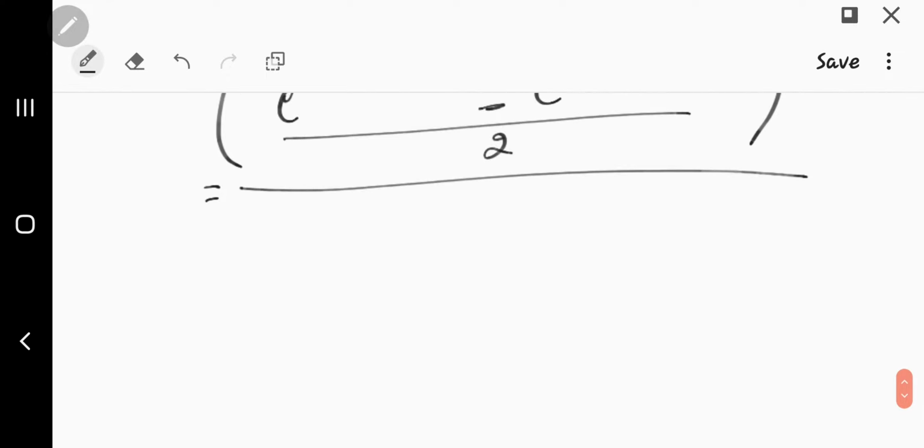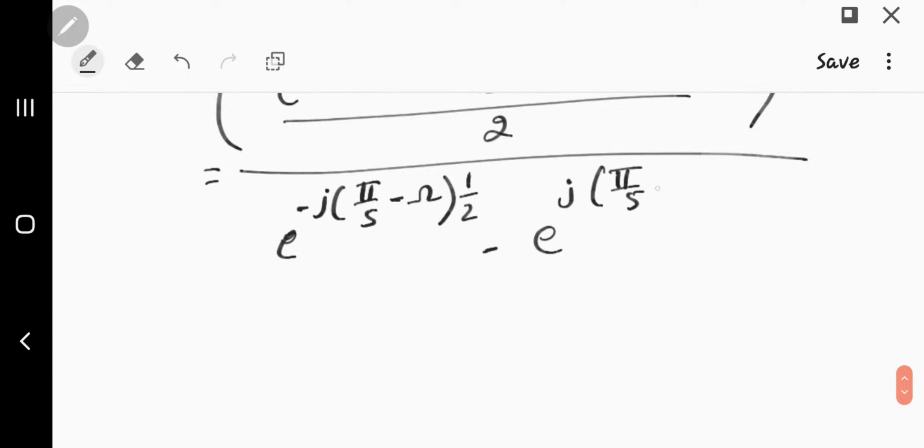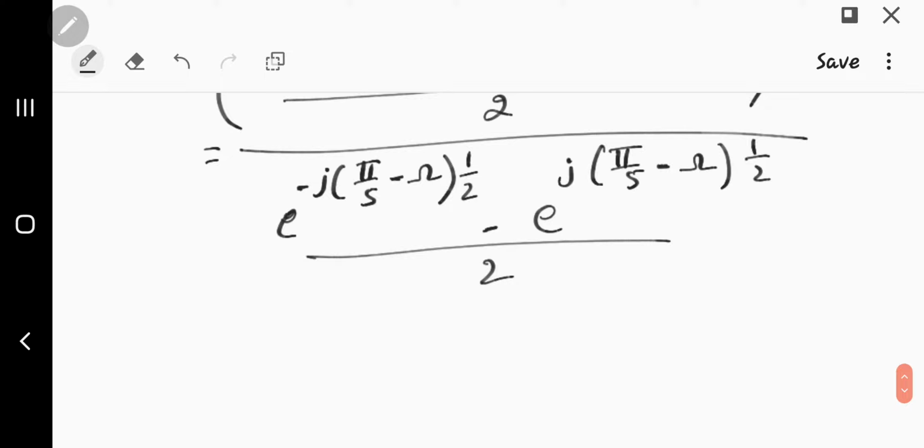So divided by e power minus j pi by 5 minus omega into 1 by 2 minus e power j pi by 5 minus omega into 1 by 2 whole divided by 2 here.